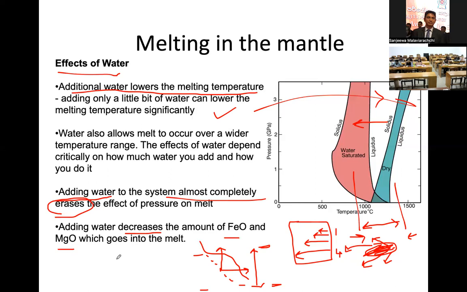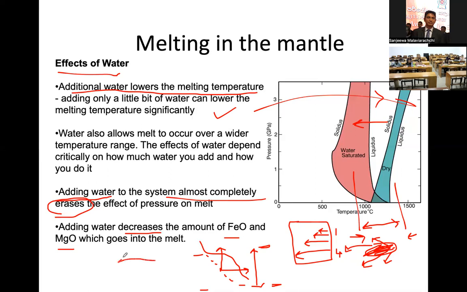I'm not going to elaborate on this one because this is a little bit complex, but just keep in mind that we talked about minerals which start melting first, and then secondly this one, and thirdly that one, like that, right?